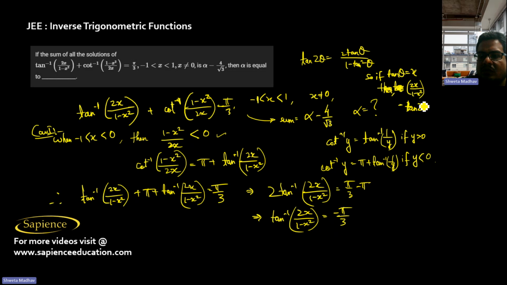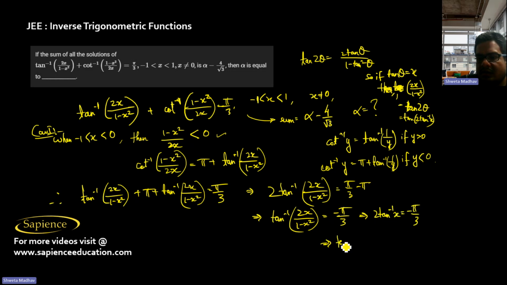So this is actually tan of 2 tan inverse x. So it means that tan inverse of this will be 2 tan inverse x. So I can say 2 tan inverse x is equal to minus pi by 3.